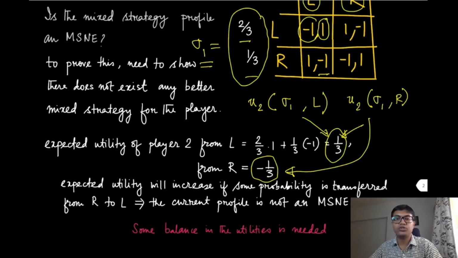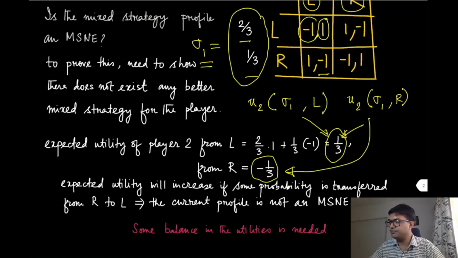And that should also have happened for player 1. Then it would have been an equilibrium point. So this example gives us some intuition that the expected utility over these two different strategies should be somewhat equal. Otherwise there is no reason for this player to play the strategy which is giving less expected utility.